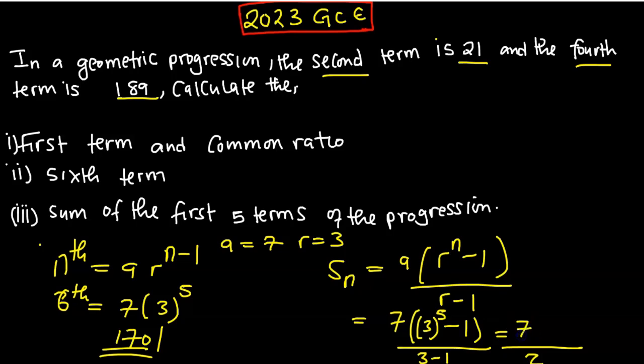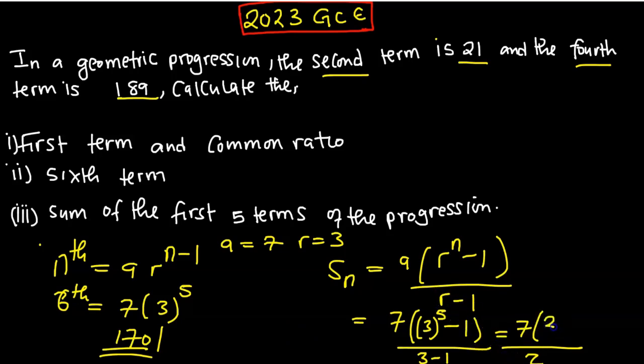So now 7 multiplied by, here in the bracket, don't subtract before you deal with this one. So 3 to the power 5, I'm able to find 243. Then 243 minus 1 is giving me 242.